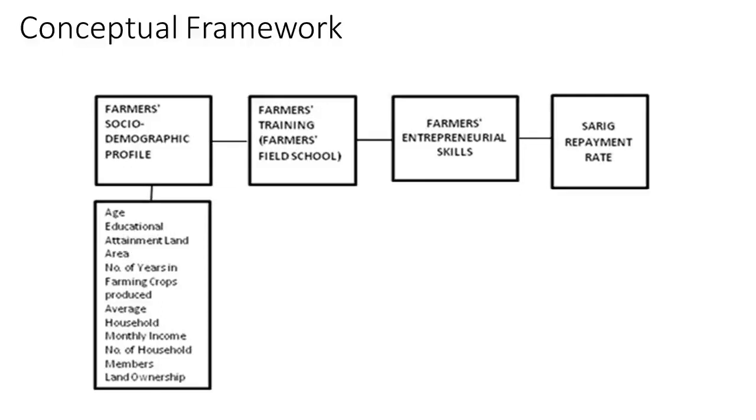So it's safe not to use an arrow if the relationship has not yet been established, like would the farmer's socio-demographic profile have a relationship with the training, or even the entrepreneurial skills with the repayment rate, or even the repayment rate with the training, and so on.